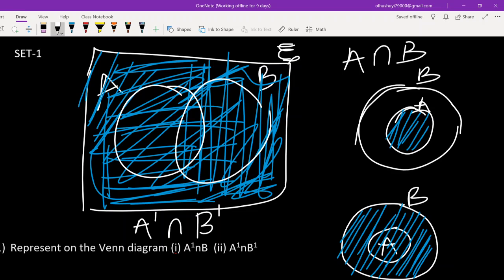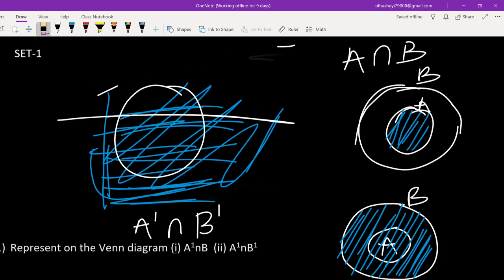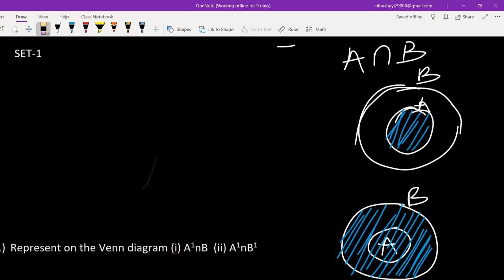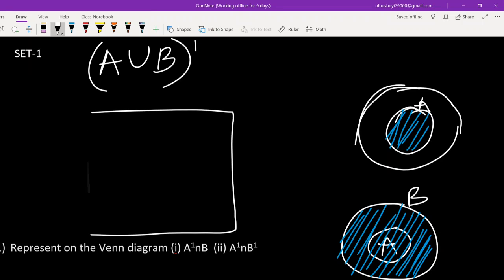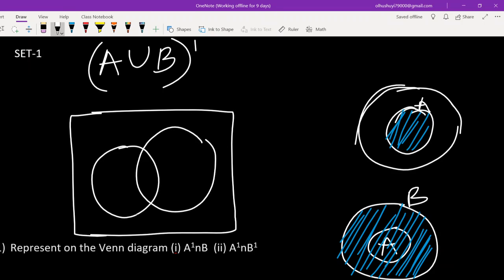We have other ones. If you have A union B prime, get your A, get your B. But both of them is a prime.